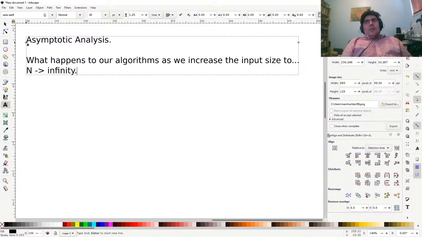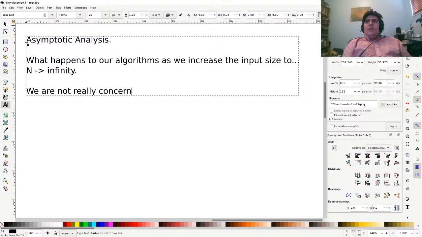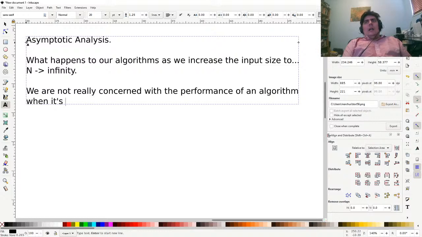That's the question: what happens to our algorithms as we increase the input size to a very large size. So we're not concerned with the performance of an algorithm when it's operating on n equals 10, or even n equal to 100 sometimes. We're usually considering n equal to 1,000, 10,000, or even 1,000,000.